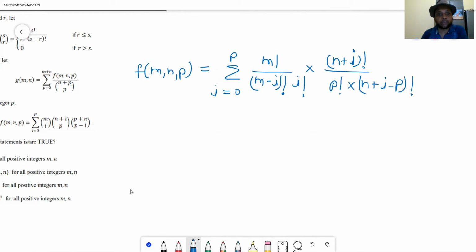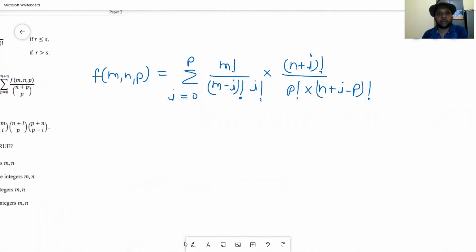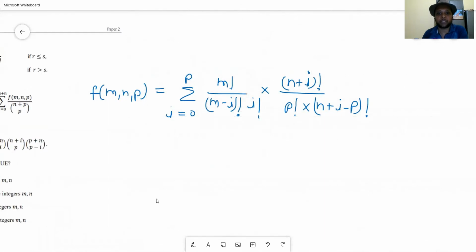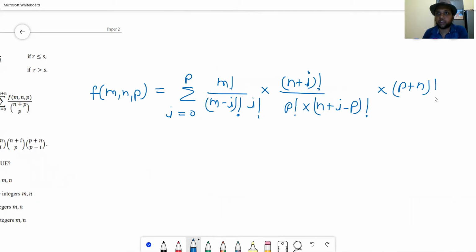Now this is again multiplied by (p plus n)C(p minus i). So if we write it down, we have (p plus n) factorial divided by (p minus i) factorial, obviously, and then the difference of p plus n and p minus i gives (n plus i) factorial, right? (n plus i) factorial.